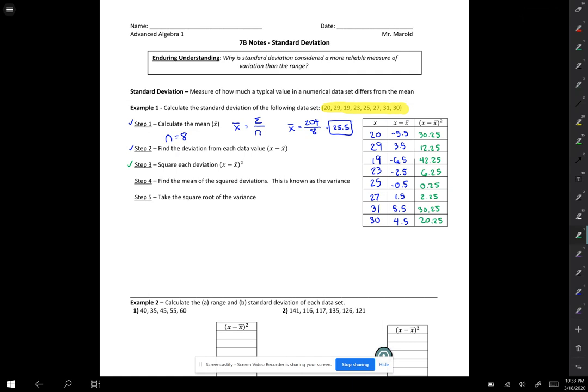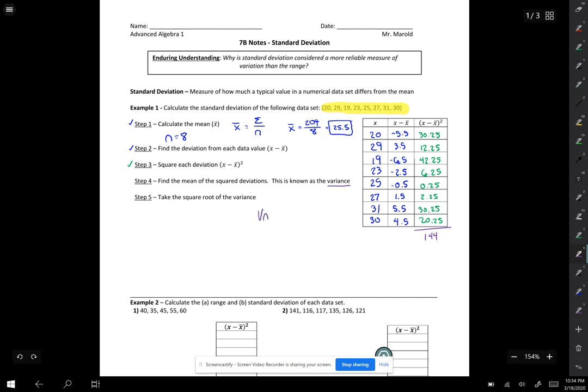Now, to calculate the standard deviation, we want to find the mean of our squared deviations. In other words, we want to find the average of this third column. To do that, we first need to add all the values up. They come out to be 144. That's the sum of all the values in that last column. What we're trying to find here is actually called the variance.